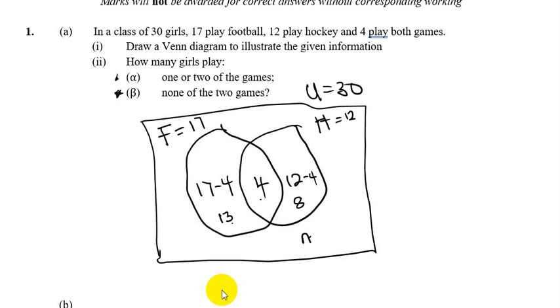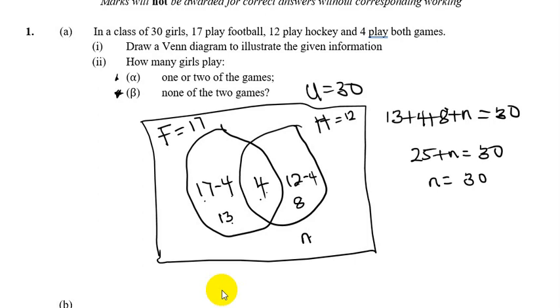Or I can pick this and this, I'll get the same thing. So 13 plus 4 plus 8 plus n should give us 30. 13 plus 4 gives you 17. 17 plus 8 will give you 25. So I'm going to get 25 plus n being equal to 30. So n will be equal to 30 minus 25. So those who do not play any of the games, they are 5.